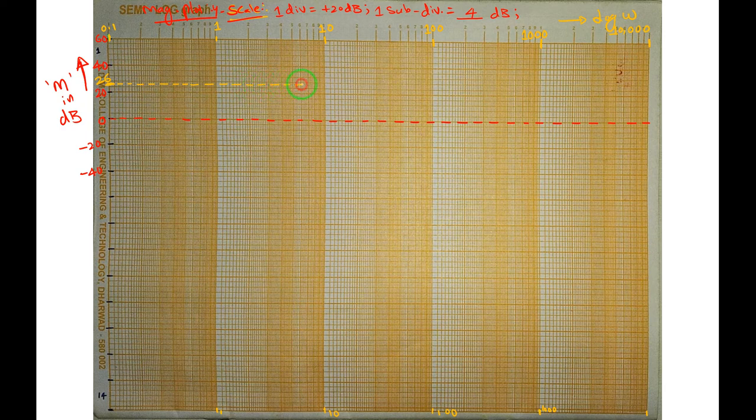Now the reference line has been shifted because of this k factor. K is 20. Now this is my 26 dB reference line. I am trying my best to make you understand. Please make use of this. Let me write it here: 26 dB reference line.